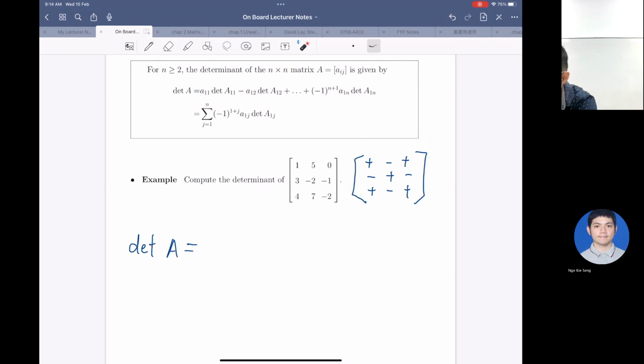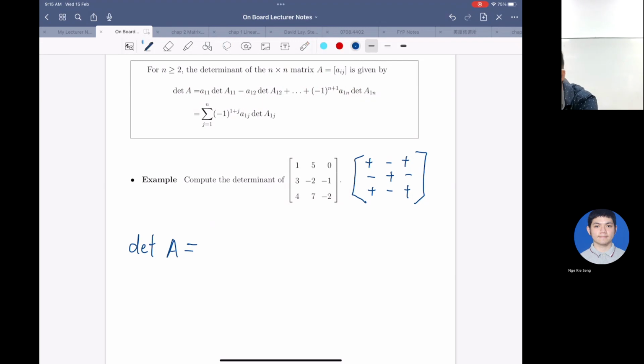For example, A11 is a plus, so it's a plus here. A12 is a minus, so you get a minus here. It is minus 1 to the power n plus 1, A1n. So you add the row and column numbers, and that determines the sign of this coefficient.